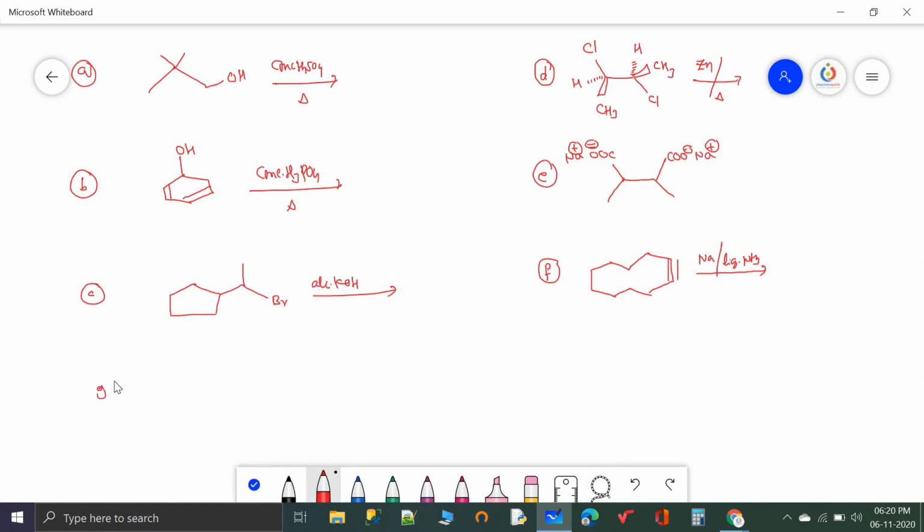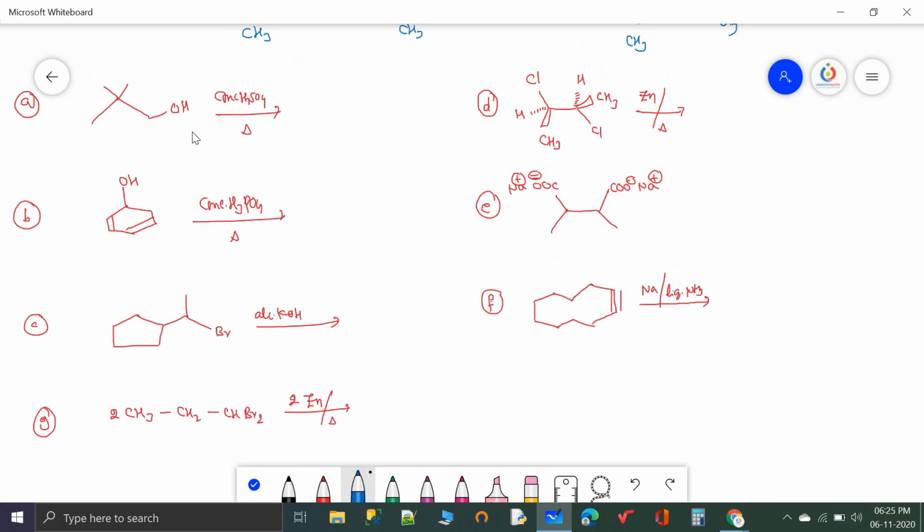We shall take even the G molecule also. This molecule anyhow we have converted, so I am not giving it, and we will take one more molecule. So these are the compounds, just answer this.